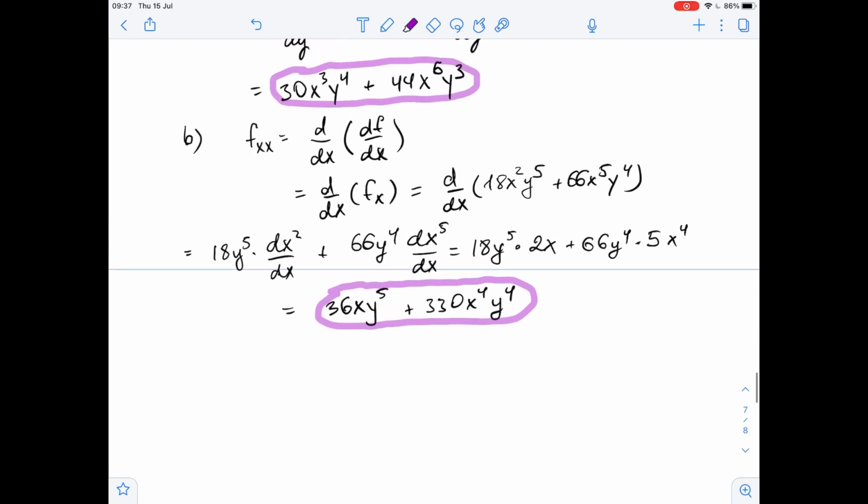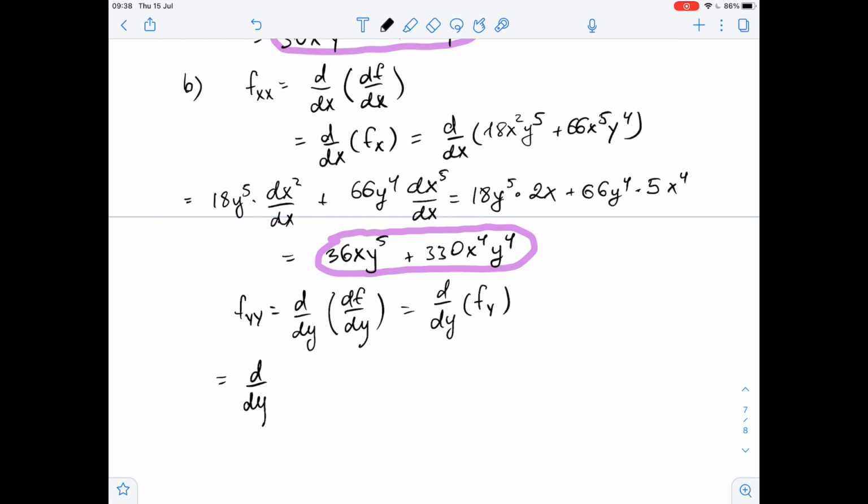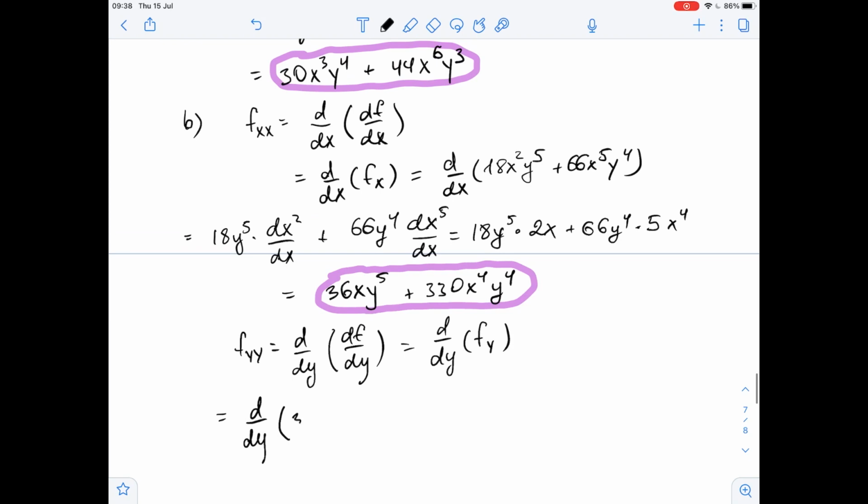Now let's find the next one. Next we will find f_yy, which equals d over dy of df over dy, which equals d over dy of f_y. Since we know f_y, this equals d over dy of 30x cubed times y to the 4th power plus 44x to the 6th power times y cubed.